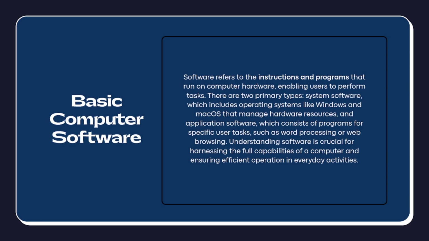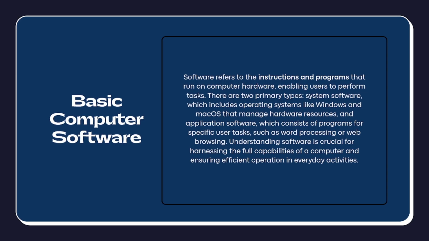There are two primary types: system software, which includes operating systems like Windows and Mac that manage hardware resources, and application software, which consists of programs for specific user tasks such as word processing or web browsing. Understanding software is crucial for harnessing the full capabilities of a computer and ensuring efficient operation in everyday use.